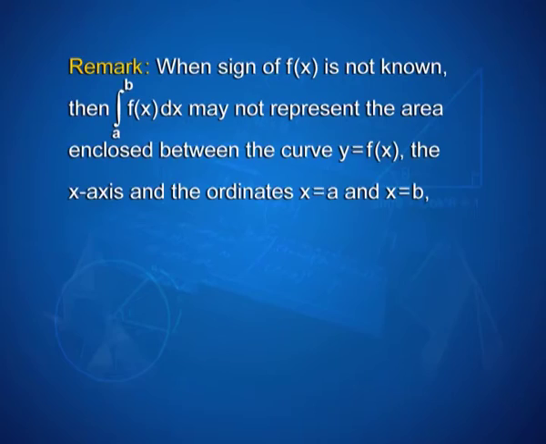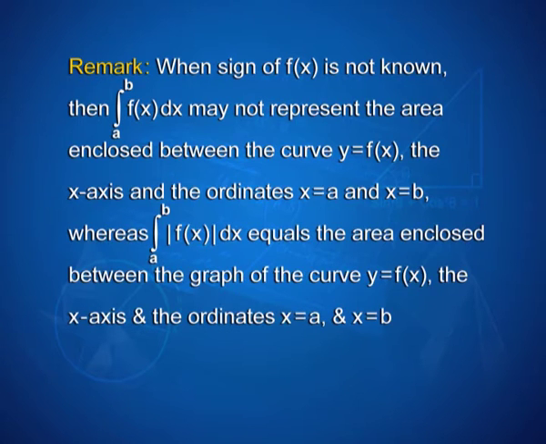Here is an important remark. It may be noted that when the sign of f(x) is not known, then integral a to b f(x) dx may not represent the area enclosed between the curve y = f(x), the x axis and the ordinates x = a and x = b, whereas integral a to b modulus of f(x) dx equals the area enclosed between the graph of the curve y = f(x), the x axis and the ordinates x = a and x = b.